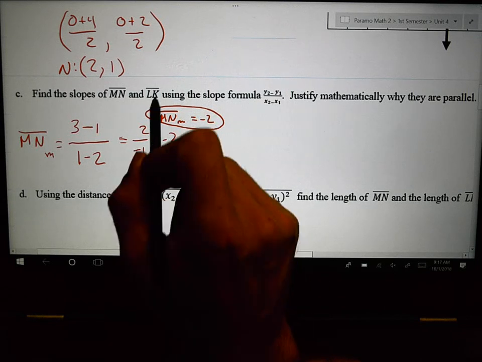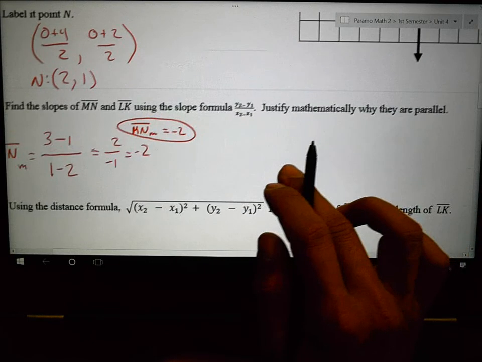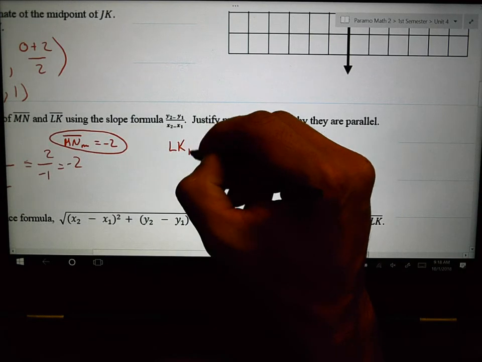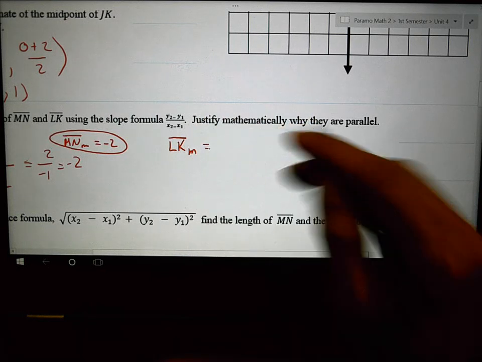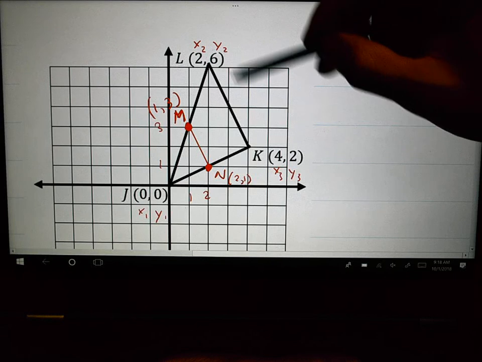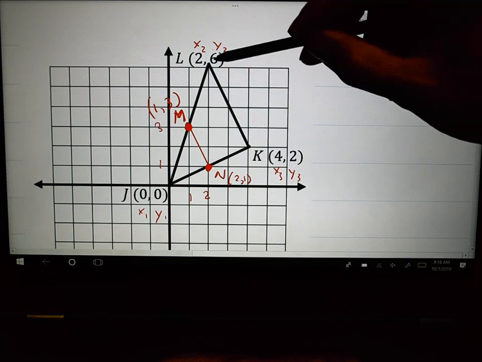Now I need to find the slope of LK. So I'm going to go over here. I'm going to find the slope of LK, so I'm going to put a little LK sub M. I got to know where my points are for LK. For LK, I have the 6 and the 2.